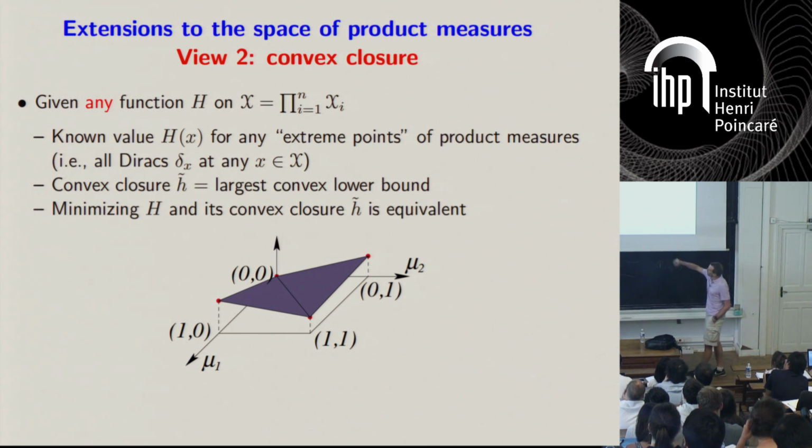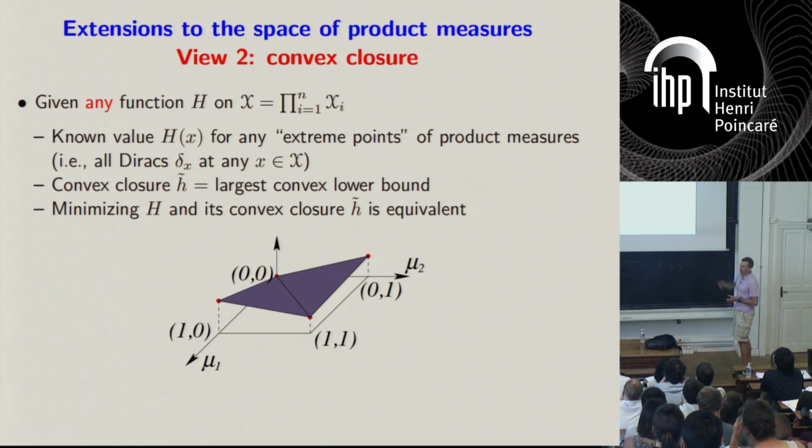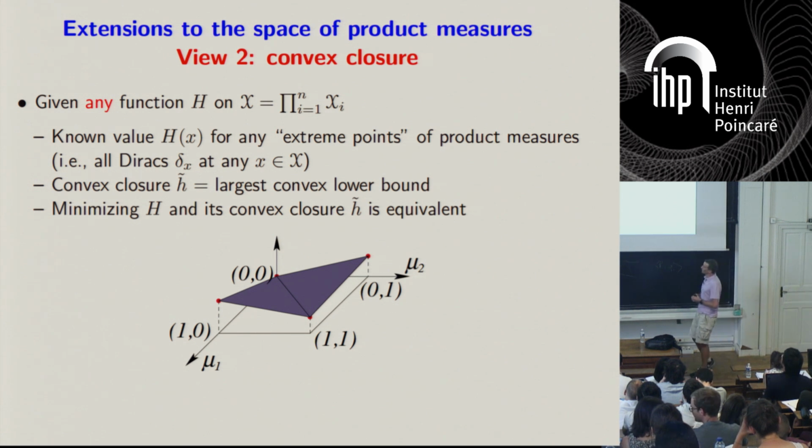You want a function which is convex and less than the red points, at the given arguments (0,1), (1,1), (1,0), (0,0). That function is called the convex closure of your function. So this is the largest convex lower bound, and you can always define it if you start from capital X, which is a vector space.